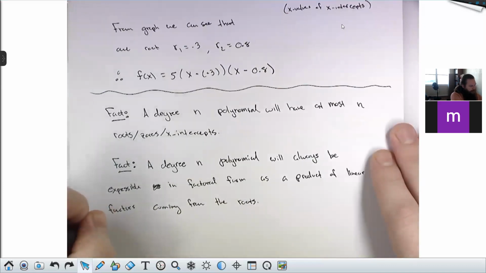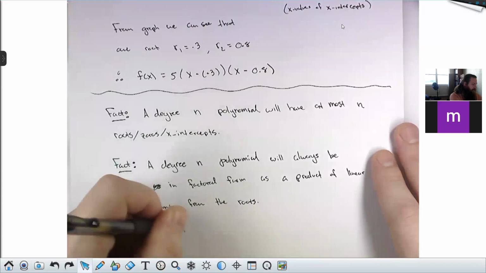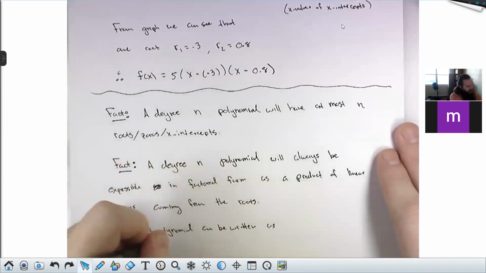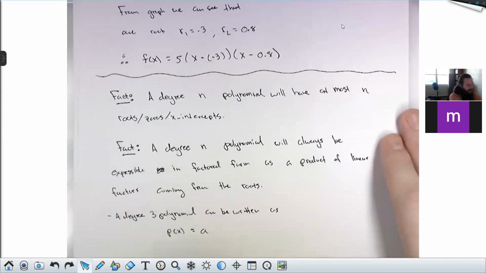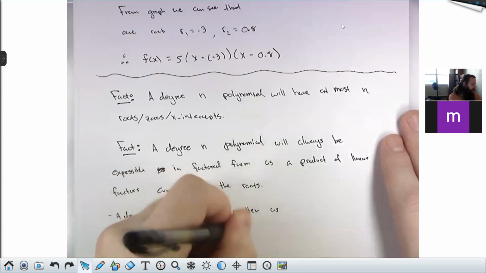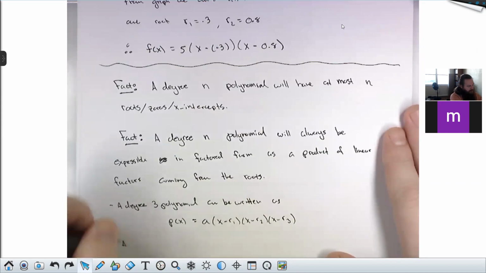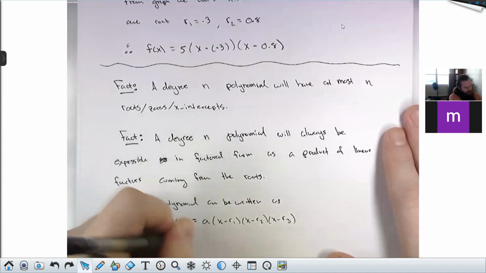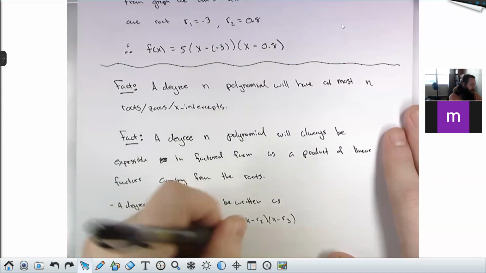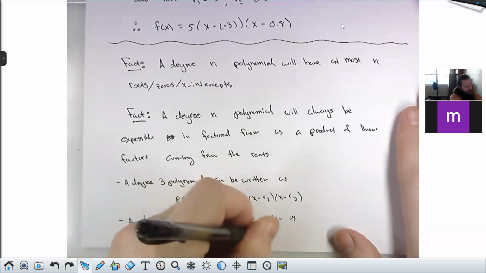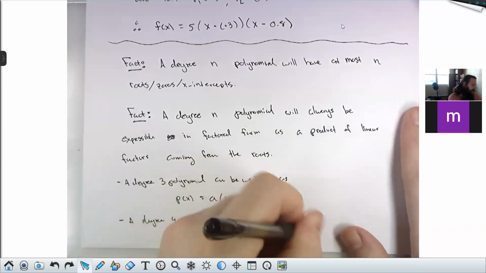So what I mean by this is that a degree 3 polynomial can be written as p of x equals the lead coefficient a times x minus r1, x minus r2, x minus r3, or a degree 4 polynomial can be written as p of x equals the lead coefficient times x minus r1, x minus r2, x minus r3, x minus r4.